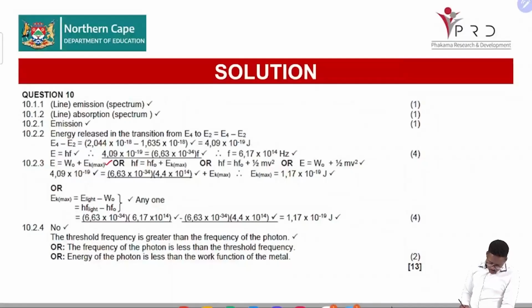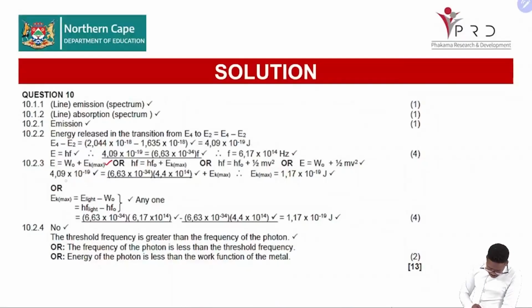Energy is equal to work function plus EK max. Our energy is 4,09 times 10 to the power negative 19, which is equal to our work function, which is h multiplied by threshold frequency, 6,63 times 10 to the power negative 34 multiplied by the given threshold frequency, 4,4 times 10 to the power 14, plus EK max.